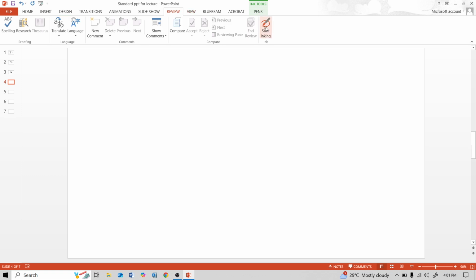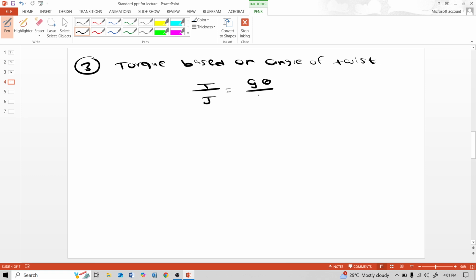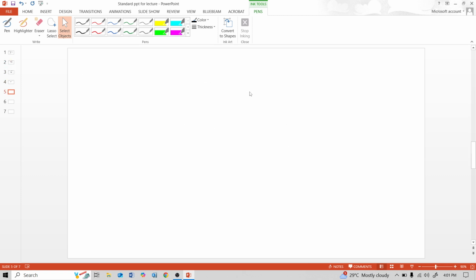And the third step is torque based on angle of twist. T by J is equal to G theta by L. T by J, this J is 4.02 into 10 raised to 6.